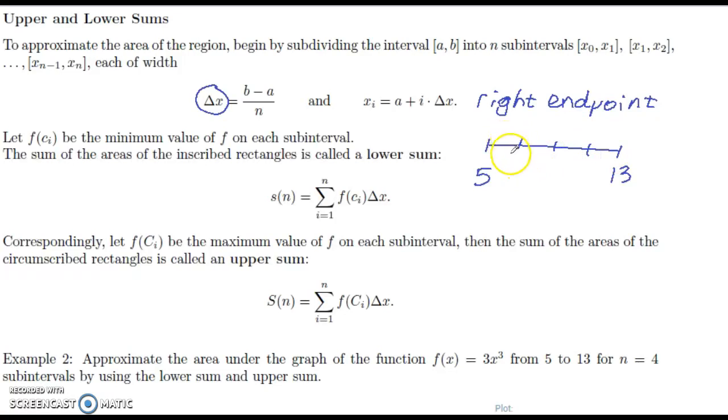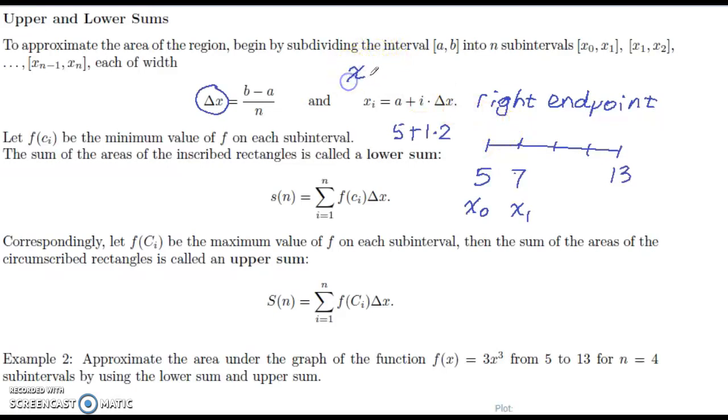If we call it x sub 1, so x sub 0 to begin with, what is x sub 1? It is 5 plus 1 times the width, which is 2, so this number is 7. This is the right endpoint of the first interval.